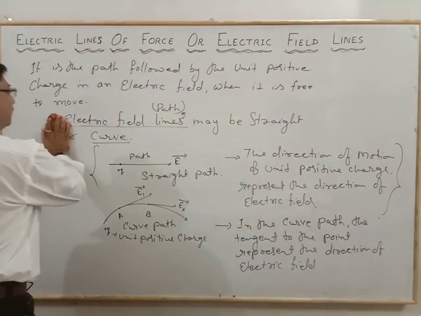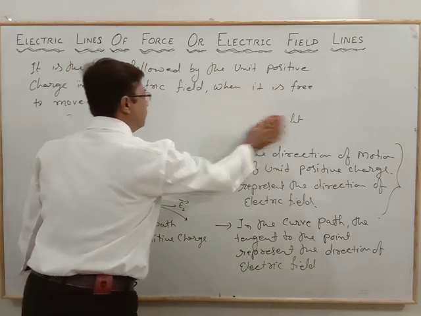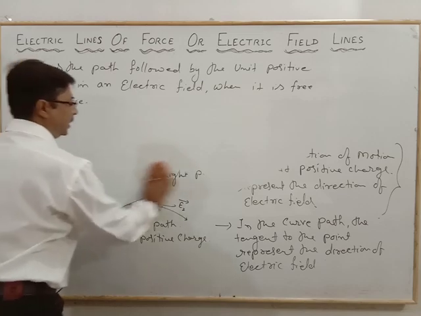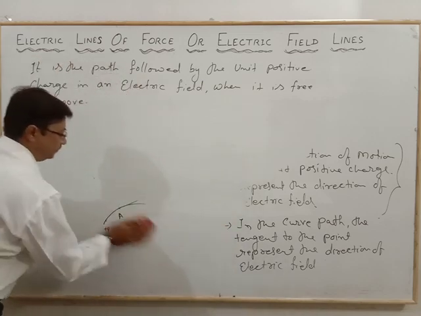If the number of electric lines of force is greater, the strength of the electric field is directly proportional to the number of the electric lines of force.